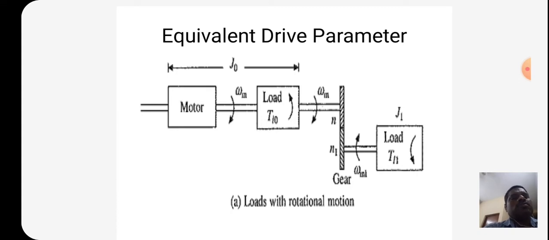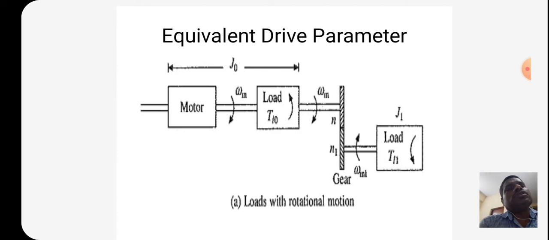But when the gear is coupled with it, omega m1 is the anti-clockwise motion of the load, and the torque TL1 is the reverse of the speed of the gear shaft. Now we have to calculate the equivalent inertia and torque of the motor and load.